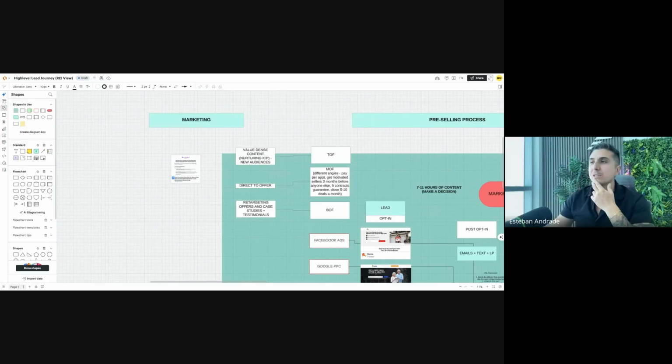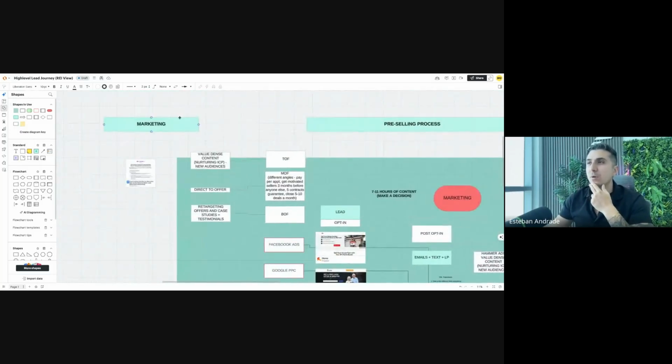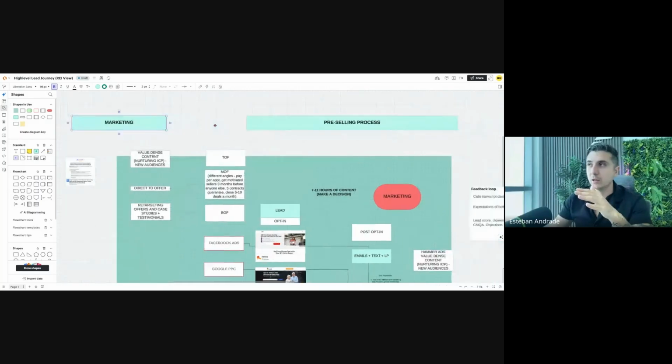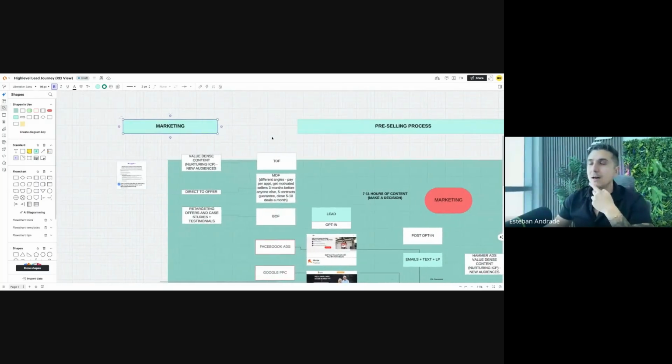So what happens when people are ultimately having a pain? In order to understand marketing really well in the pre-selling process, you got to understand your ideal client profile. You got to understand their pains, and you got to understand the gap that they have from where they are to where they want to be, right? And then you understand the psychographics.